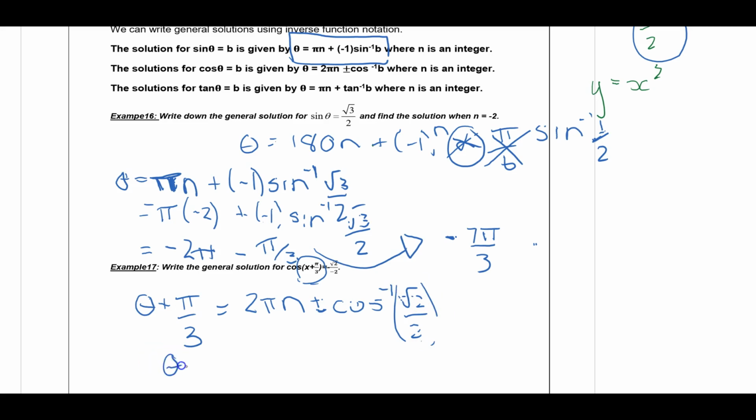So theta is 2 pi n plus or minus cos to the minus 1 root 2 on 2, minus pi on 3. And I can sub in n is 0, n is 1, n is 2, and it will solve it for me.